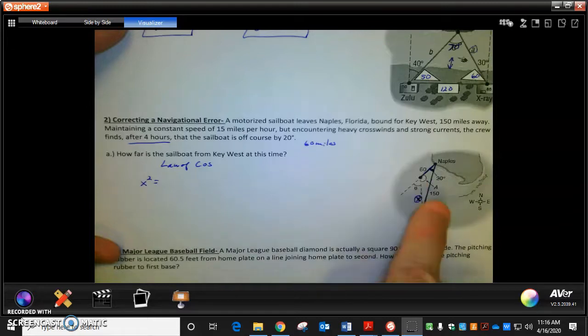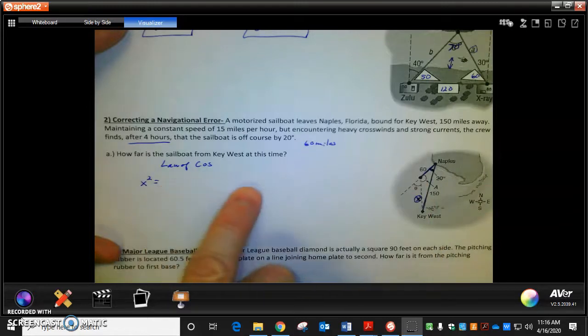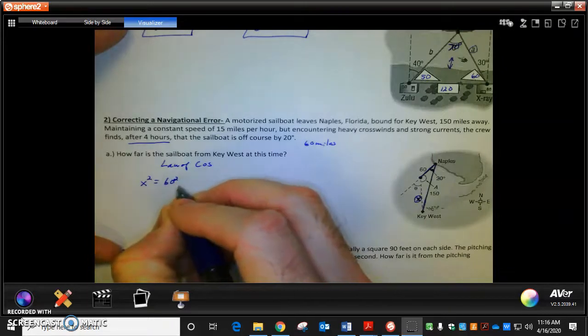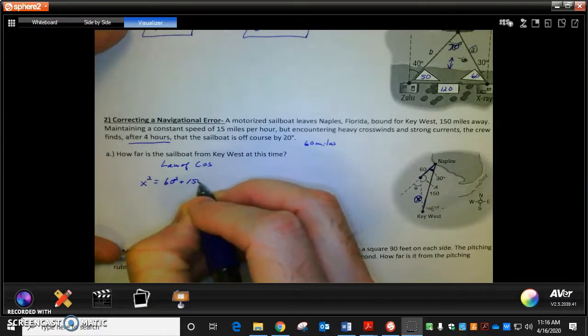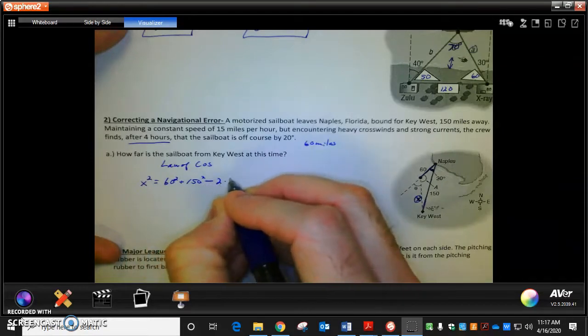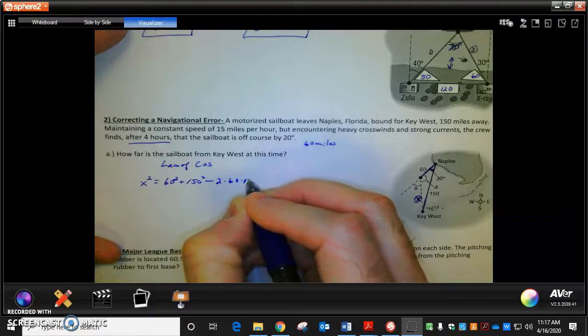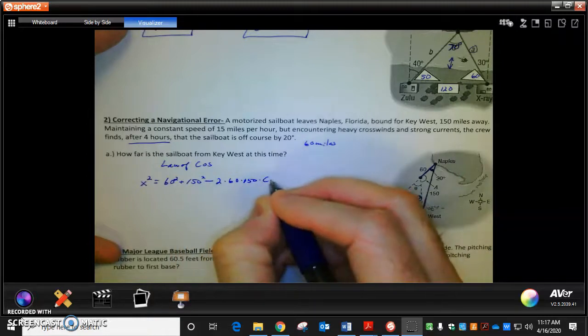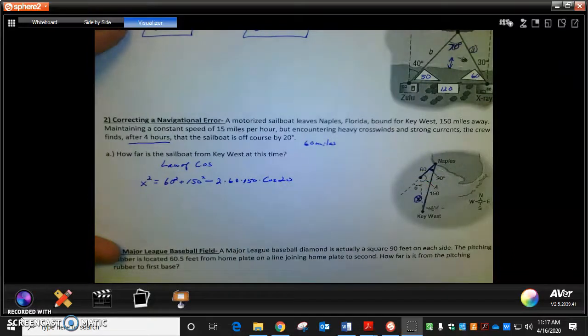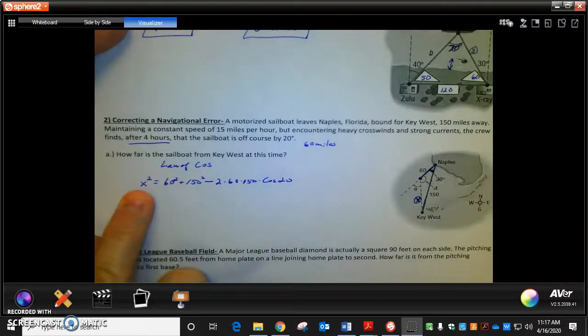Okay? So the 60 and the 150, those are the other two sides that go into the formula. So it's 60 squared plus 150 squared, and then minus 2 times 60 times 150 times the cosine of our angle, which was 20 degrees. Now, this is one of those where the variable is already on the other side.